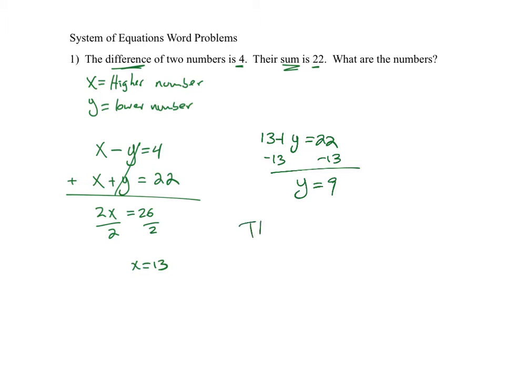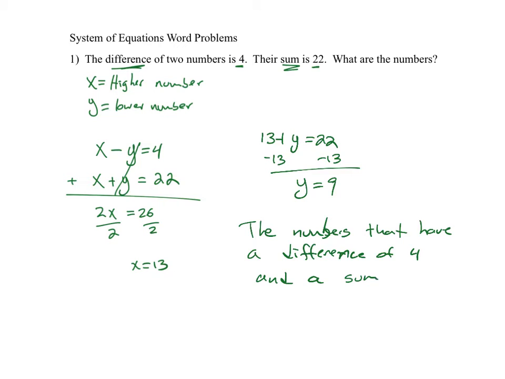So the numbers that have a difference of 4 and a sum of 22 are 9 and 13.